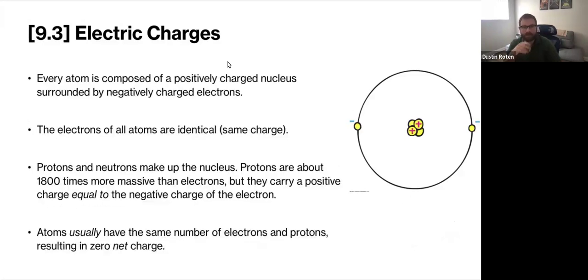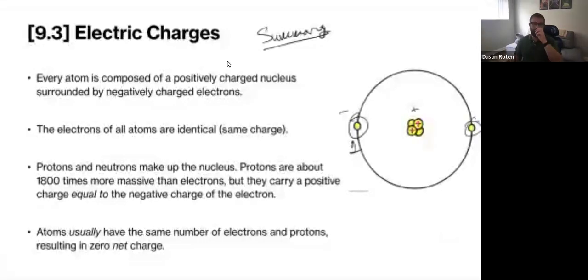Let's see. So here's essentially a summary of what we just talked about. So I can run through this quickly. Every atom is composed of a positive nucleus surrounded by negative electrons. The electrons are all identical. So we have one electron here, we have another electron here. They all have the same charge.